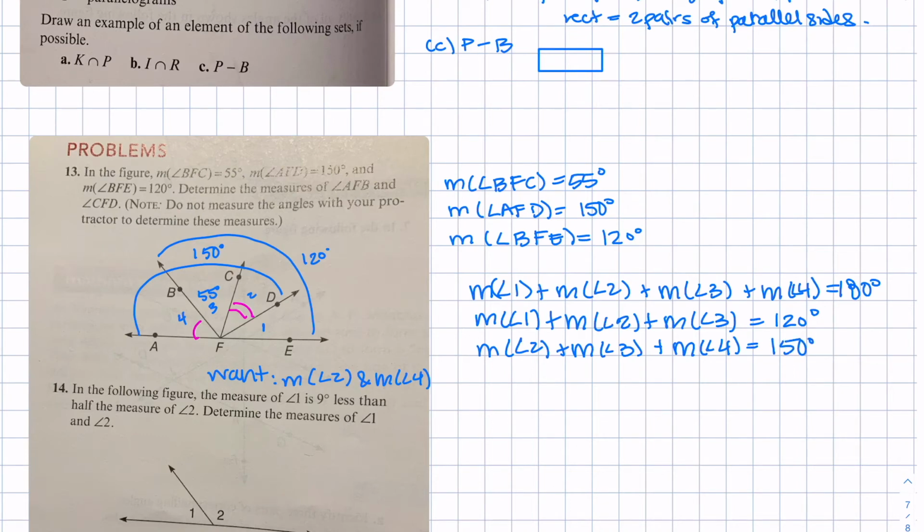There we go. Okay. So now we can also, if we want to, use the fact that we already know what the measure of angle 3 is. That is just 55 degrees. So let's go ahead and substitute that in.